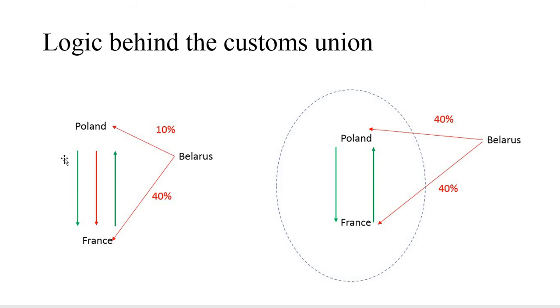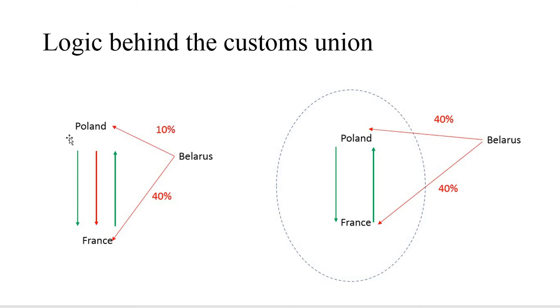So in order to prevent this, customs union also implies common external trade policy. All the countries which are part of a customs union charge the same tariffs when it comes to external countries. So in this case, for instance, it makes no sense for Belarus to export goods to Poland and then to France, because both Poland and France have the same tariff for Belarus.